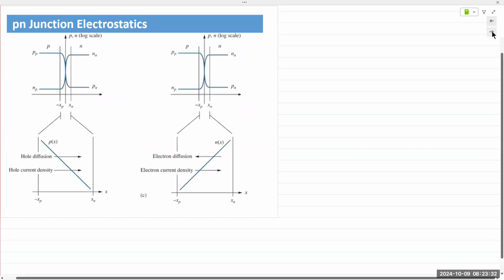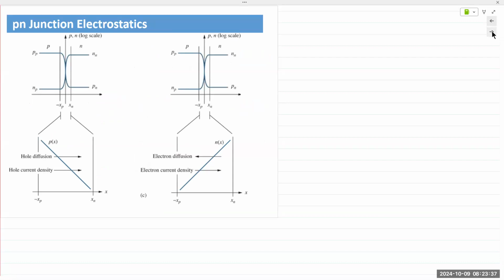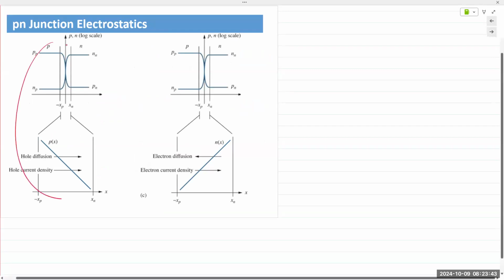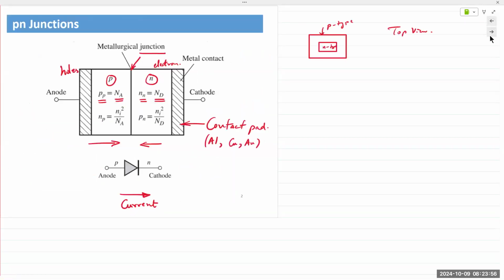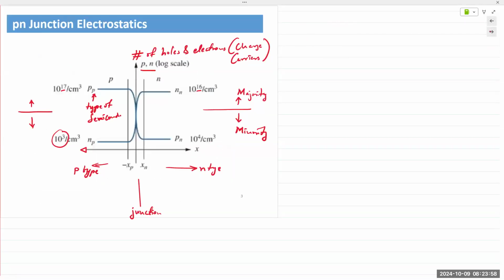So what happens when we have an imbalance of electrons and holes on either side of the junction? Well, on the left here, we are showing an expanded view of this junction. We are only focused in that narrow width right here.